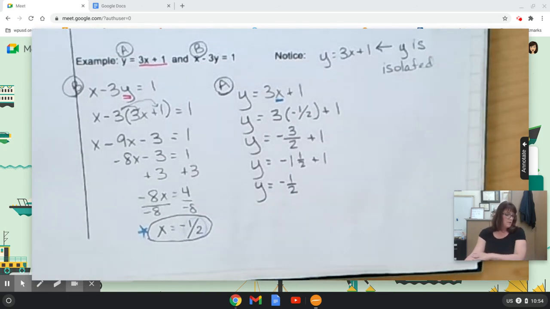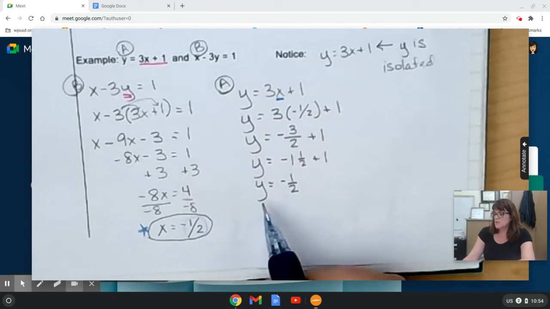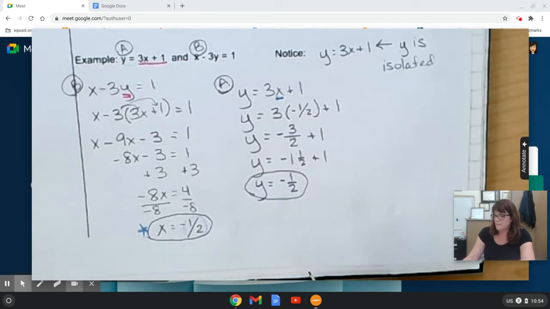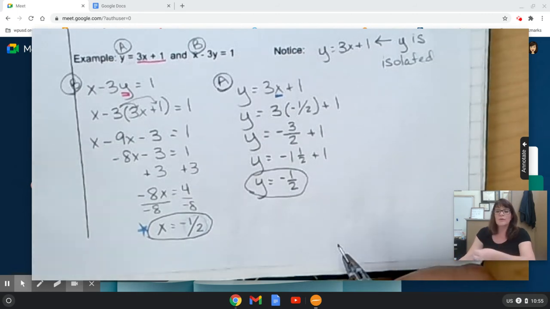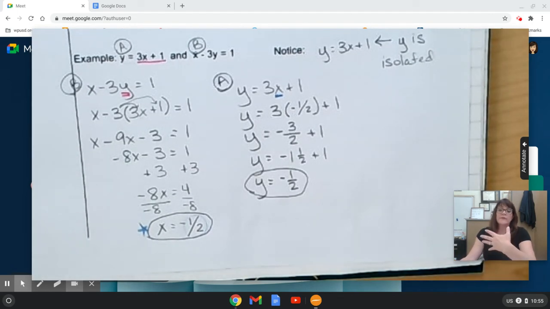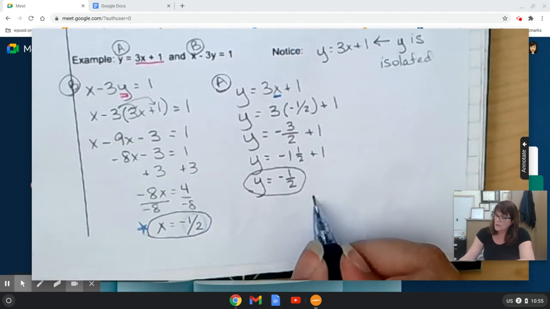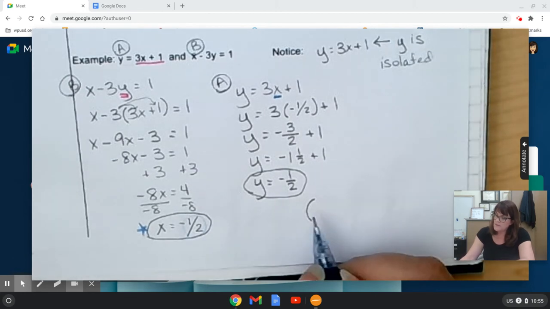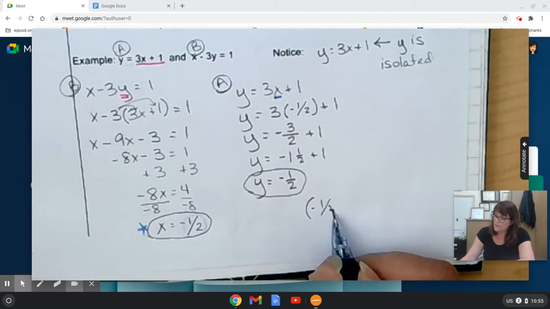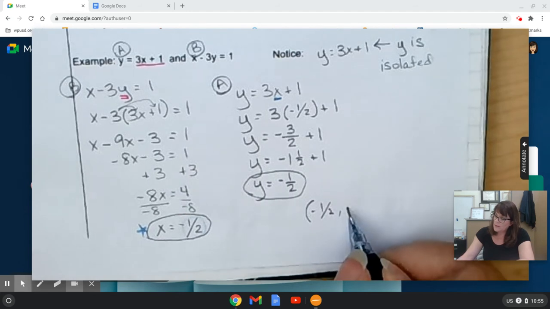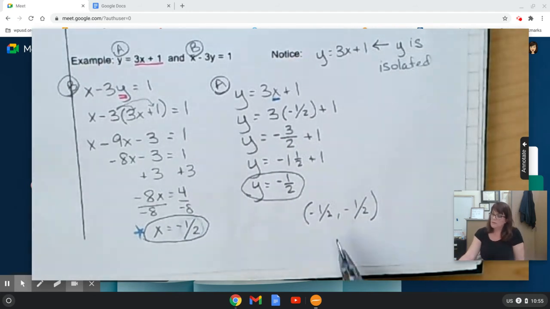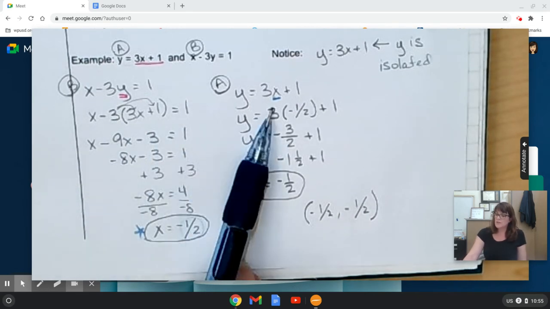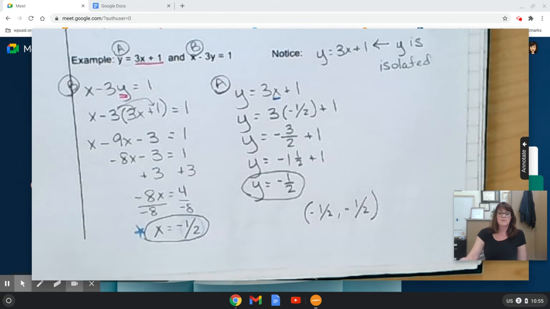Okay, so there's our solution to y. And our answer, the thing we would type into an answer box, is (negative 1/2, negative 1/2). There's your coordinate pair that's the solution to this system of equations.